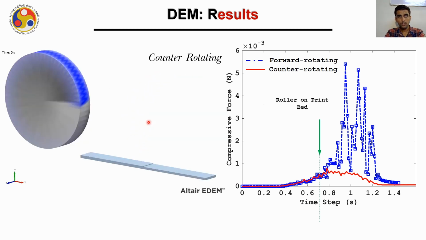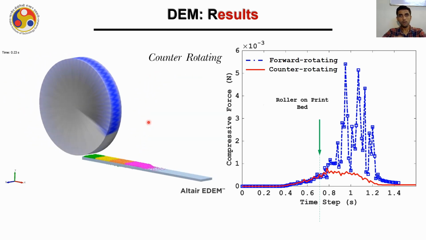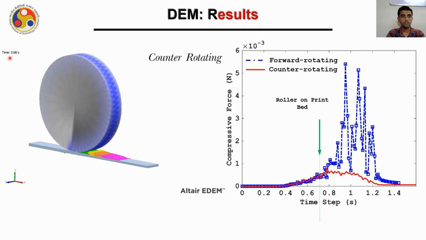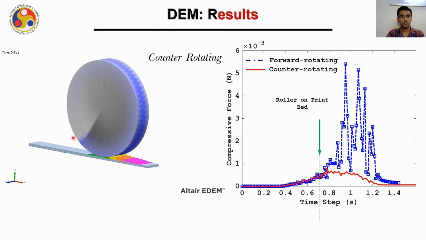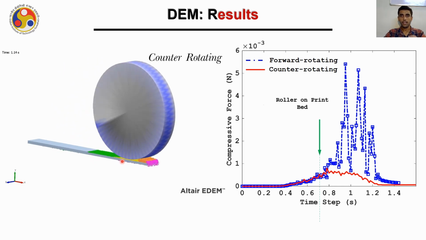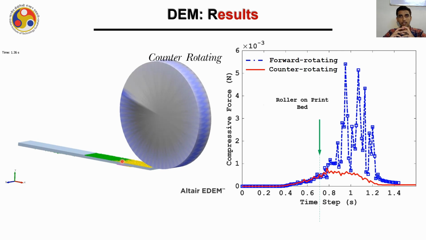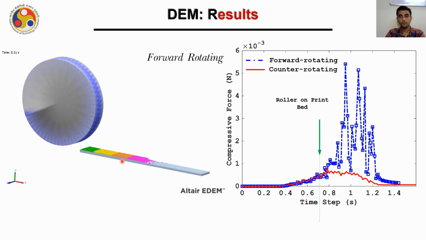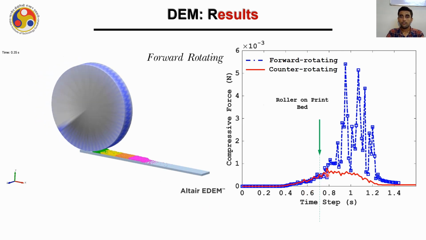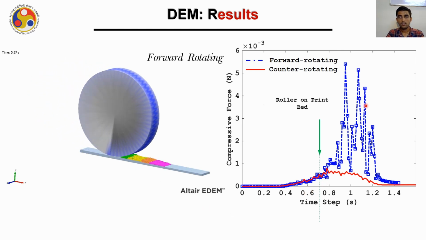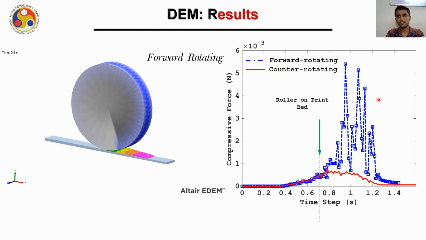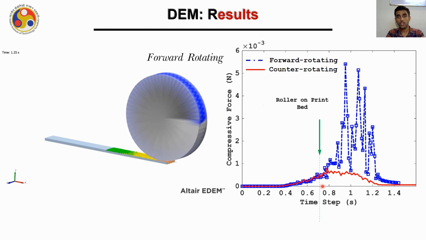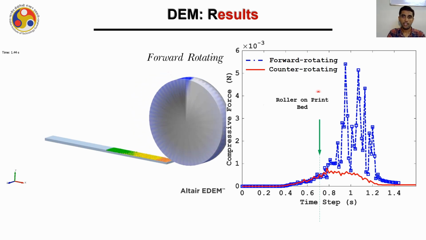And as soon as the roller comes onto the print bed, it starts to exert some downward compressive force on the powder particles below. And you can see that for the case of forward rotating roller, the values of the compressive force are significantly higher as compared to the values when it is of counter rotating variety.